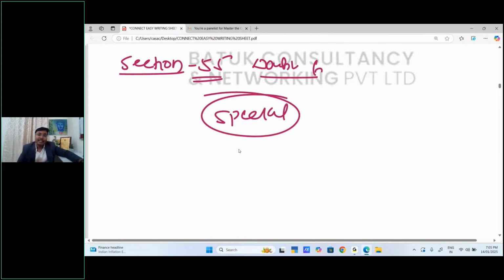The complete proceedings related to the refund in case of specialized agency are given in this specific section, section 55. Double five, that is something special.